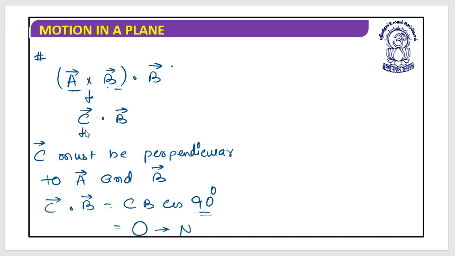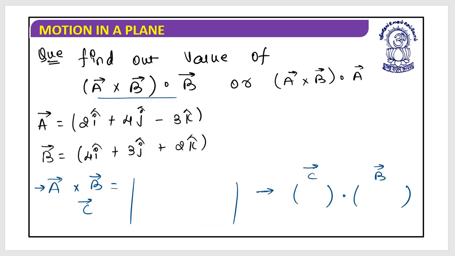It's a null vector. So there's no need to first perform A cross B, get the answer, and then perform a dot product of it.